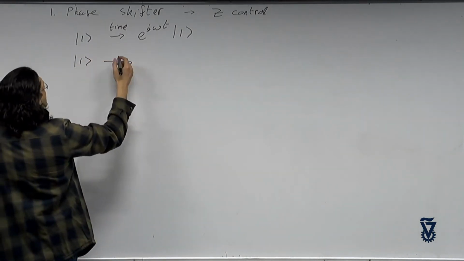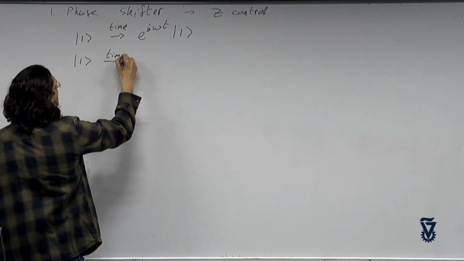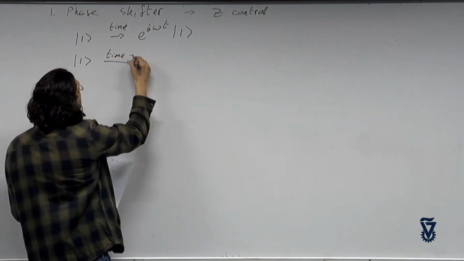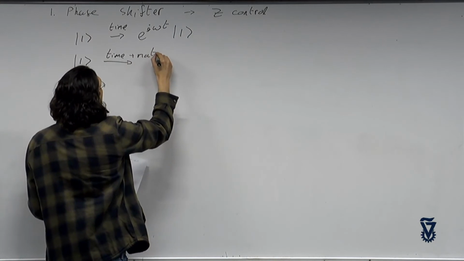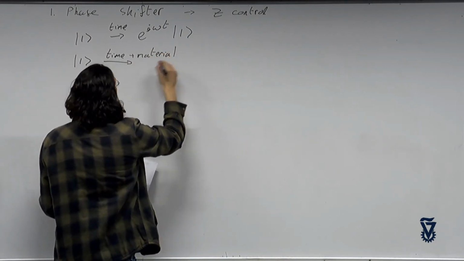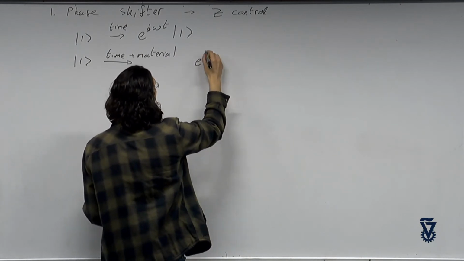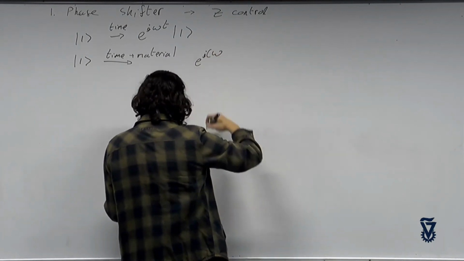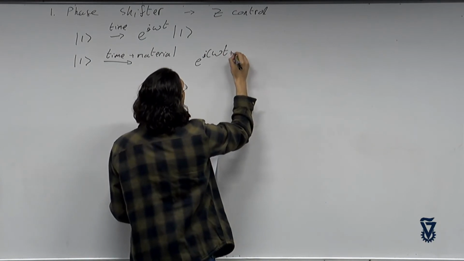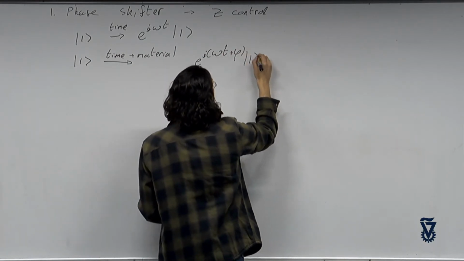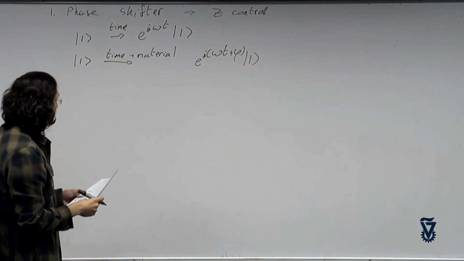If we now add some material, we have the time plus whatever this material adds for us. So it will add some kind of phi, and we're going to have e to the i omega t plus some phi. And this is what we want.